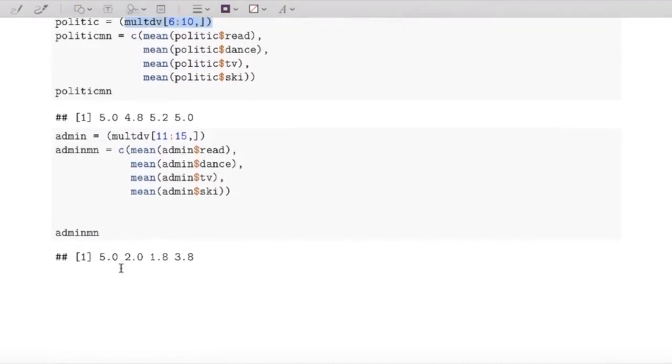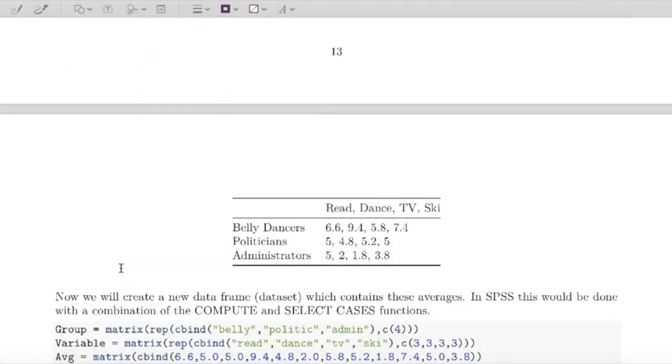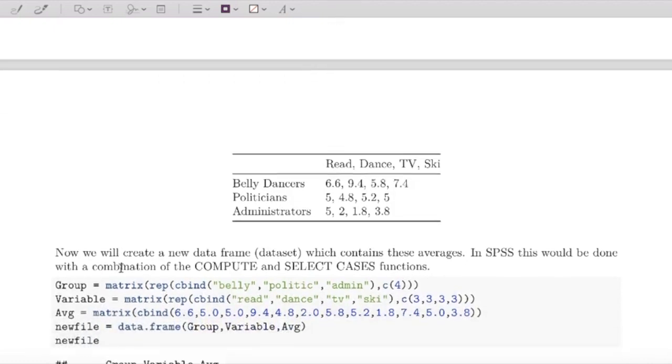I do the same for administrators, and I went ahead and created a nice table for you to look at. It's not very aligned, but it's what I can do in R right now. So I put the grand means there. What we're going to do next is manipulate the data a little bit so that we create a new data set with these grand means so that we can actually get those plots that I showed you earlier.